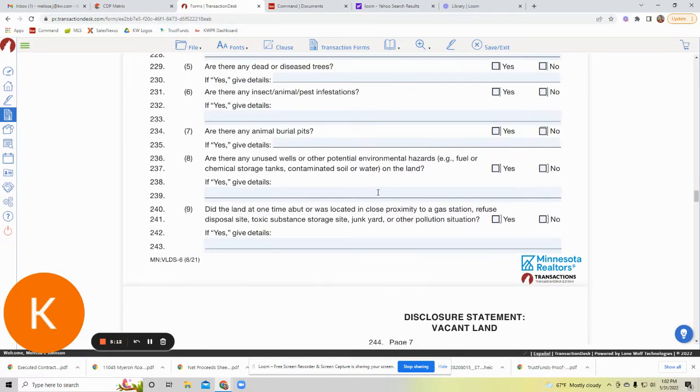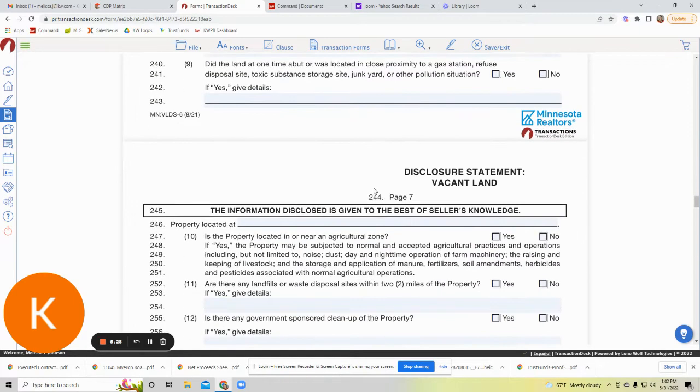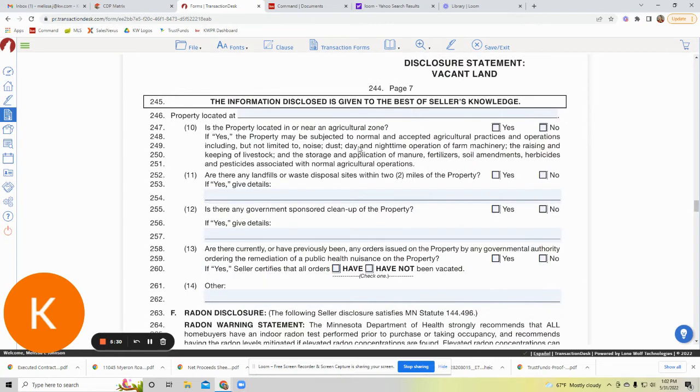On 9, it talks about, did the land at one time abut or was it located in close proximity to a gas station? So if there's a junkyard, a gas station, any other type of pollution situation, you certainly need to disclose that. Is it in or near an agricultural zone, which is what they're asking in 10?